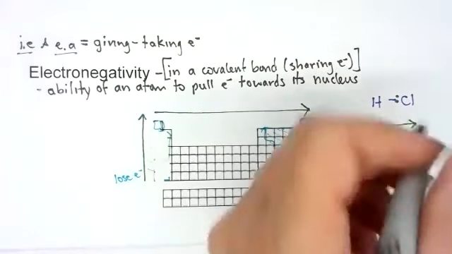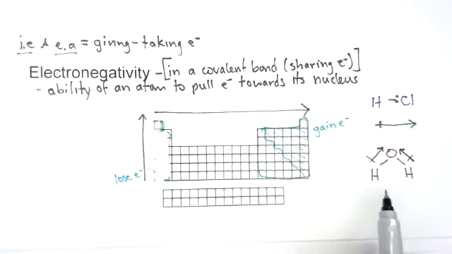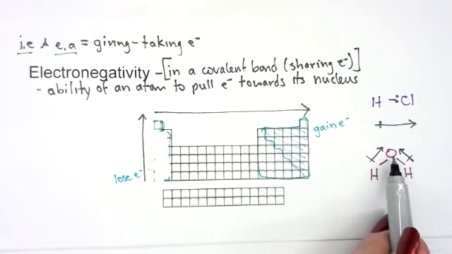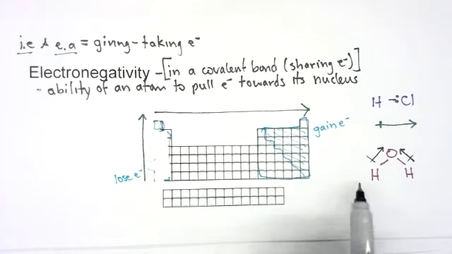The electrons like to hang out here a little bit more than down here. That gives my hydrogens a partial positive charge and my oxygen a partial negative charge. And this is huge. This creates what's called a polar molecule.